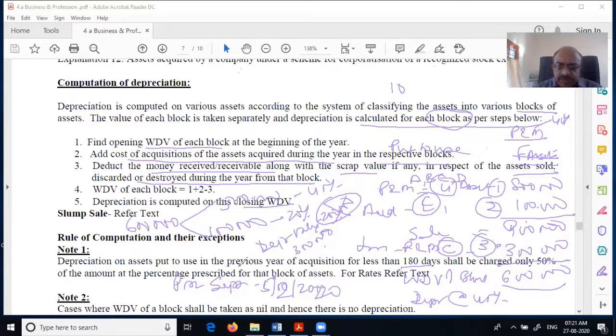Therefore, irrespective of when you purchase, the only thing you have to check is 180 days, pre or post. If you are able to understand that, then we can move forward. Are you clear? Do you want me to explain again? Because things will get a little more complicated.